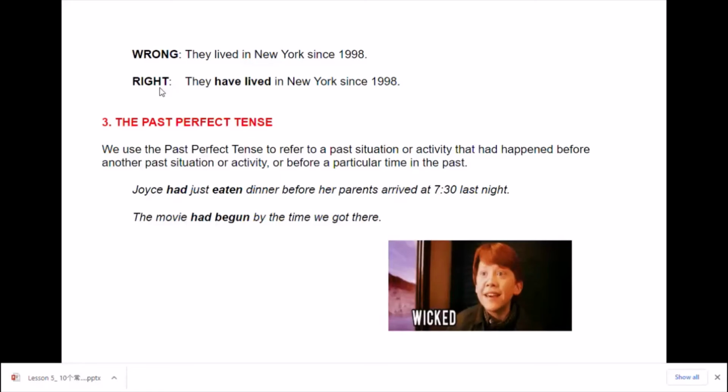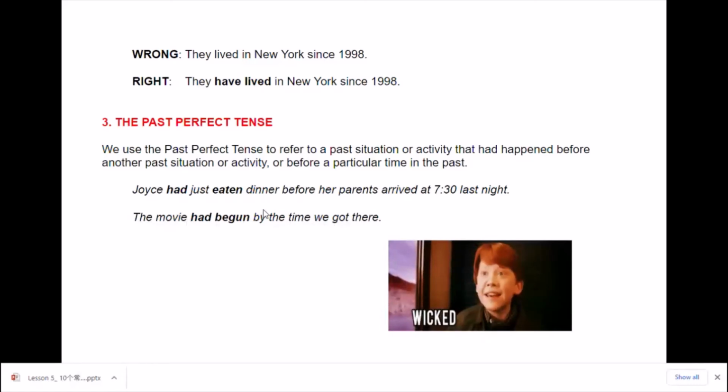The right answer is they have lived in New York since 1998. So once you have the adverbial phrase introduced by since, you have to use the present perfect tense, okay? Because it has something to do with the present now or the result now.